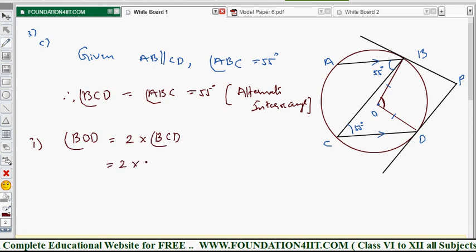Okay, 2 into 55 degrees, that is 110. Okay, this is 110 now. The angle subtended at the center is double the angle subtended at the remaining part of the circle. Otherwise, the angle at the center is 2 times the angle at the circumference. That property.